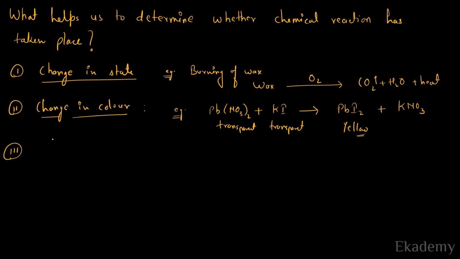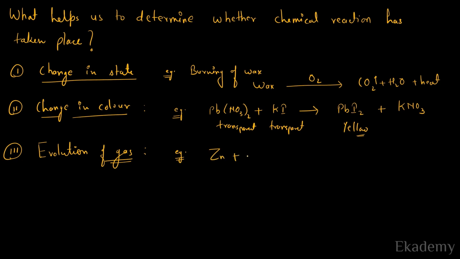The third parameter is evolution of gas. Again, we have seen this example where when zinc is added to either HCl or H2SO4, hydrogen gas evolves in that reaction. So we can quote that example here also.